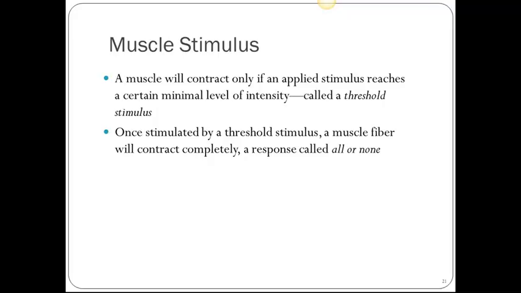So either there's enough stimulus and it contracts, or there's not and it doesn't contract at all. And sometimes we will get a continuous partial contraction of muscle, and we oftentimes call this muscle tone.